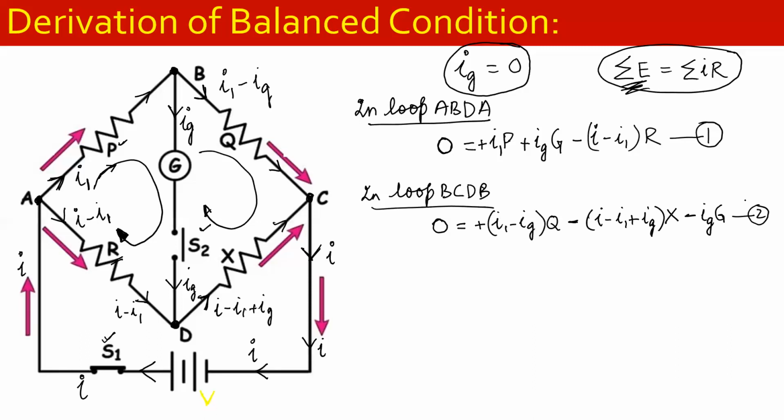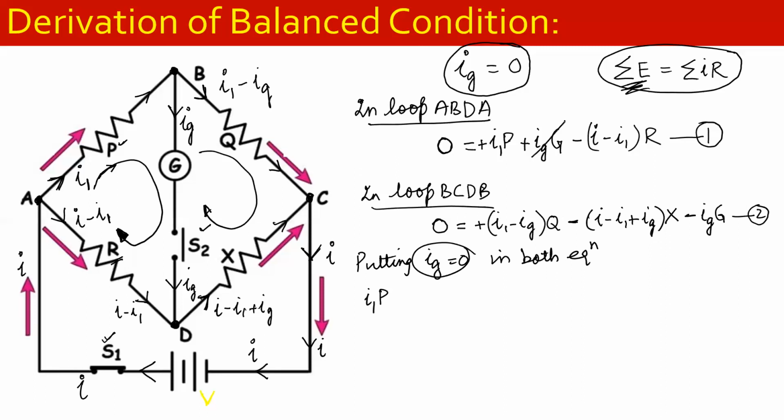Now according to our balanced condition, the value of Ig must be 0. Now putting Ig equal to 0 in both equations, we can see I1P.